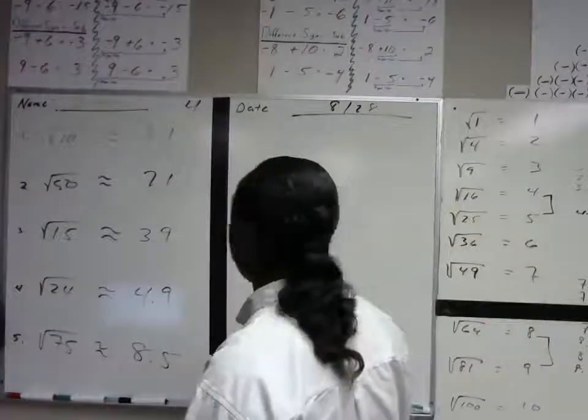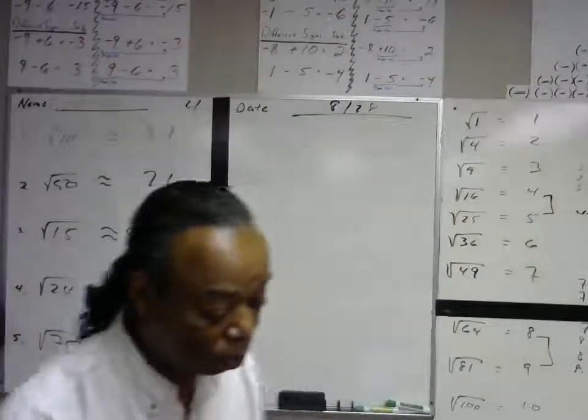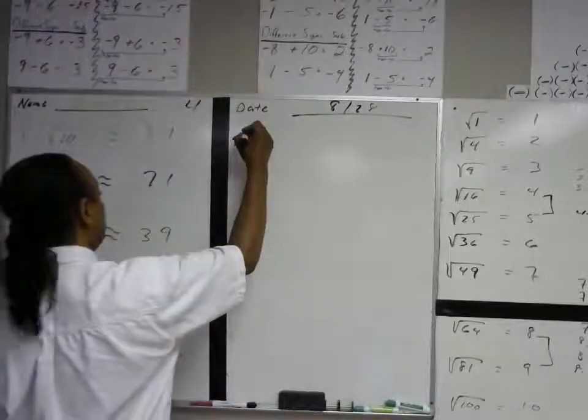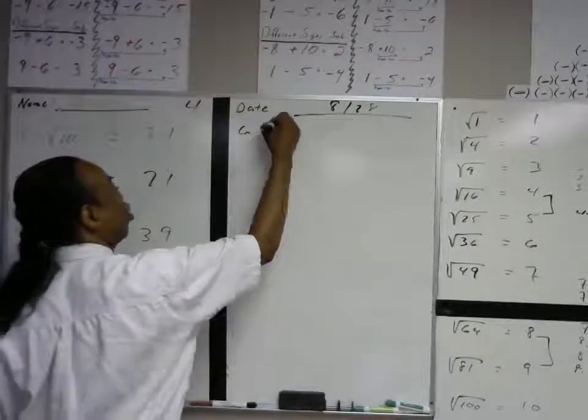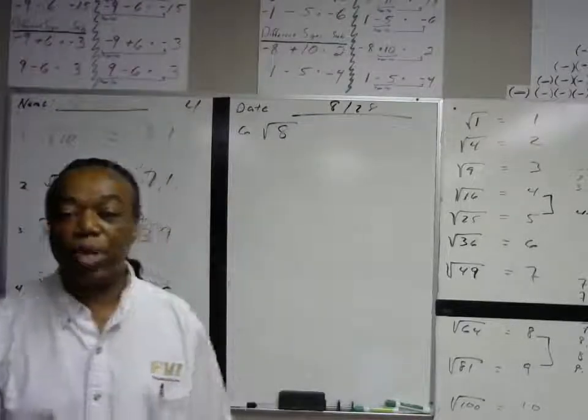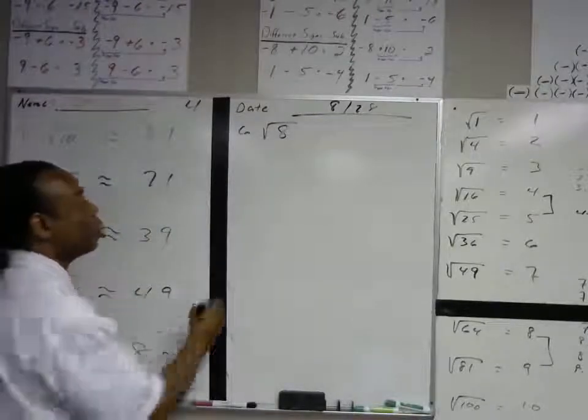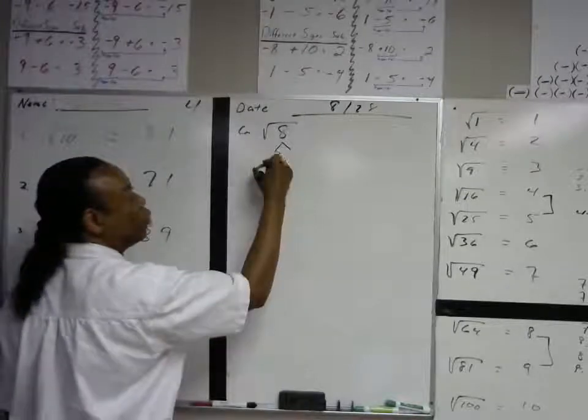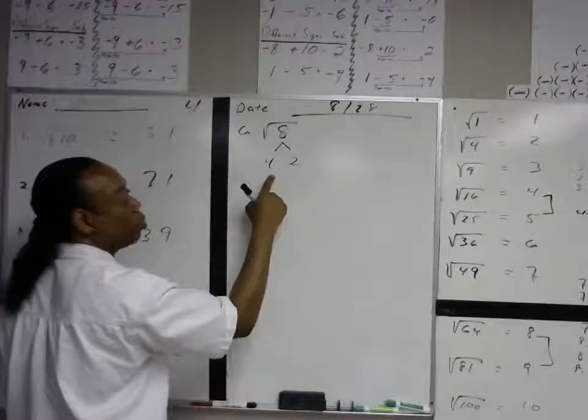Next, let's talk about simplifying roots. We have the square root of 8. Exactly as I do. 8 factors into 4 times 2.